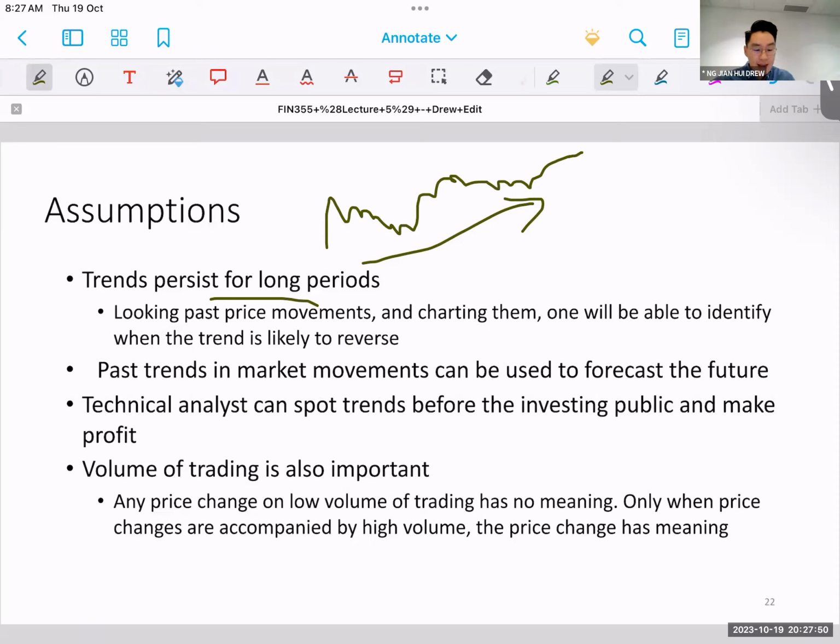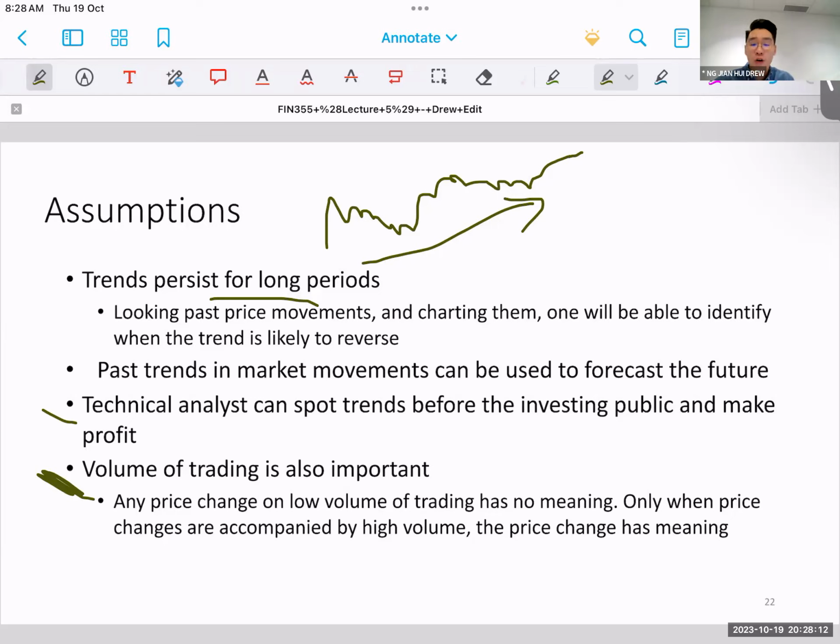So a technical analyst would look at the trends, try to forecast what will happen next, and try to make a profit out of it. Of course, when we talk about trading, what's important is that there is volume traded. So in all technical analysis, what we're interested in is volume trading, meaning there is a high volume of that stock being traded.